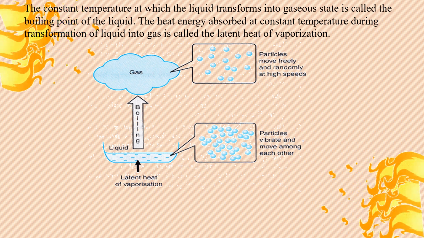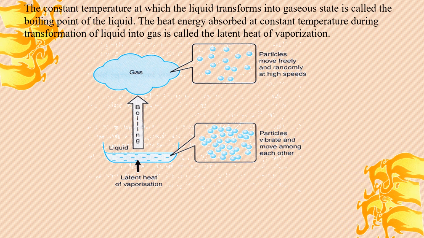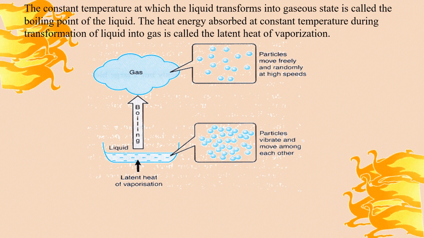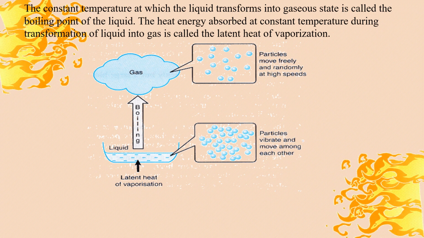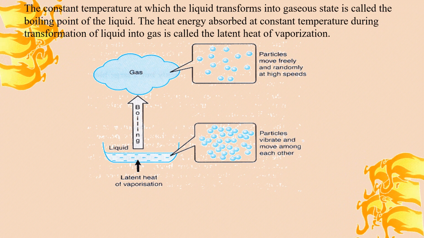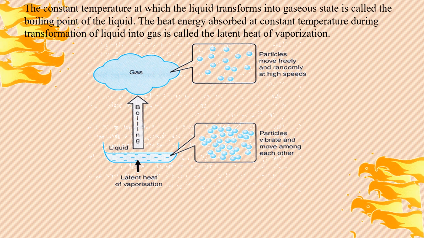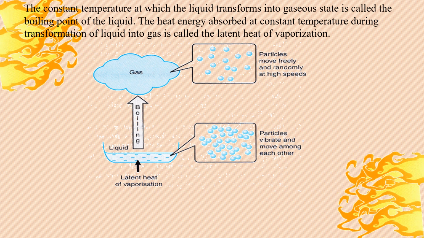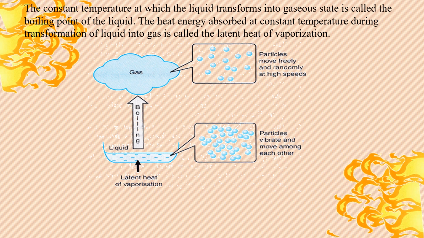The heat energy absorbed at constant temperature during transformation of liquid into gas is called the latent heat of vaporization. So here you have water, that is liquid in state. When it boils, it gets converted into gaseous state. Now if you look at the particles, pay attention to the particles of the liquid.